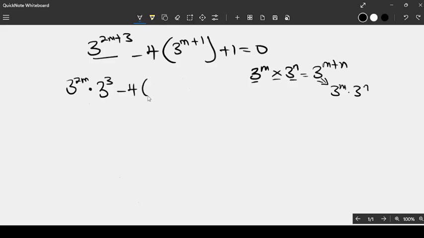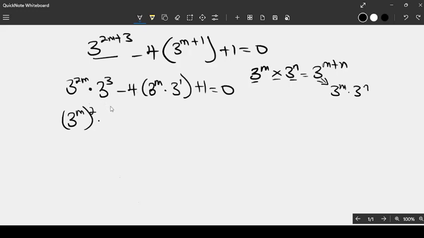We are going to do the same thing for the one in the bracket here. So we are going to have 3 exponent m times 3, so that this one is the same as 3 exponent 1. So plus 1 equals to 0. Now that we have this, we can further expand this one, writing 3 exponent 2m as 3 exponent m times 2.